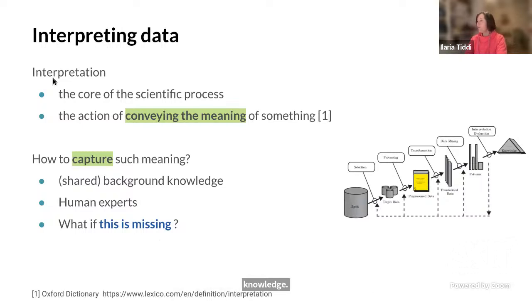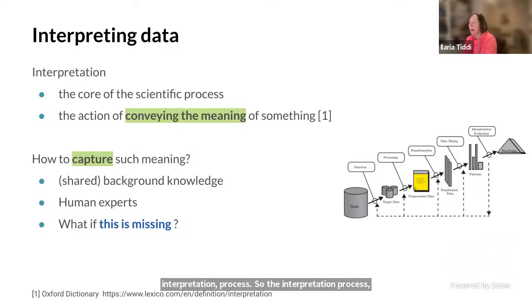Now, what we focused on is mostly this interpretation process. The last step, the interpretation of the patterns, was somehow the core of the scientific process, what would allow us to transform patterns into knowledge, so to give a meaning to these patterns.